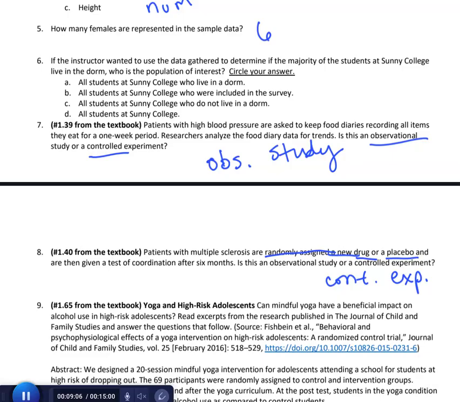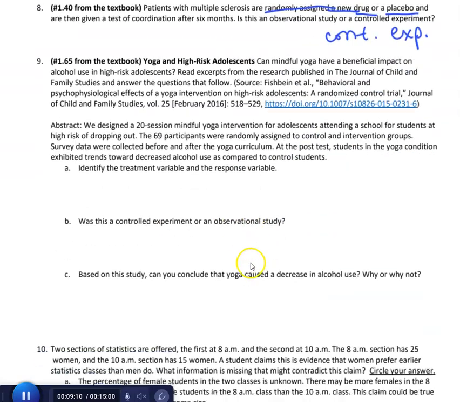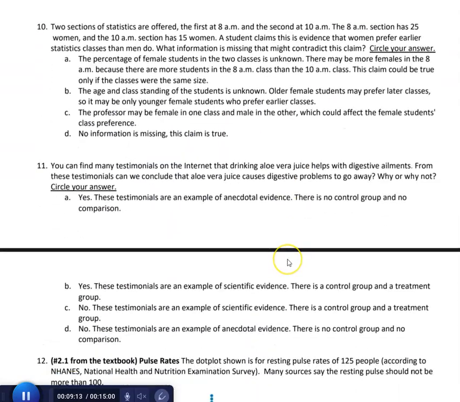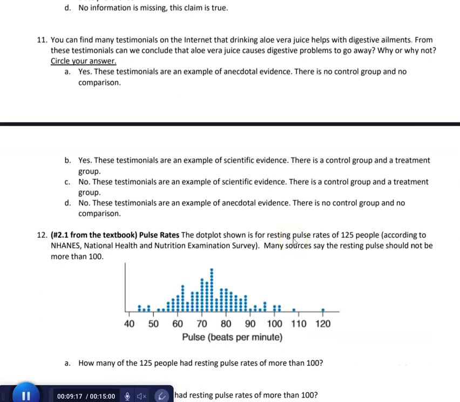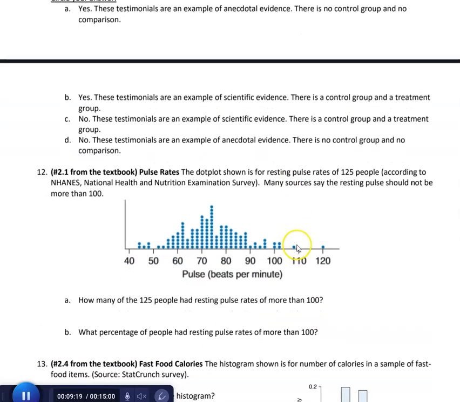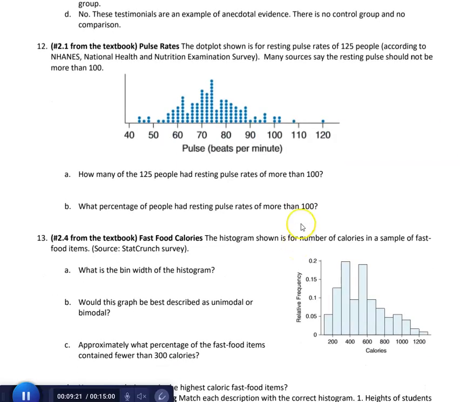The next thing I wanted to look at were reading graphs and making sure we're comfortable with making sure we can read graphs for data that's either numerical or categorical. Let me skip down to number 12 here. This is a dot plot, so make sure you remember the different types of graphs that go with different types of data.